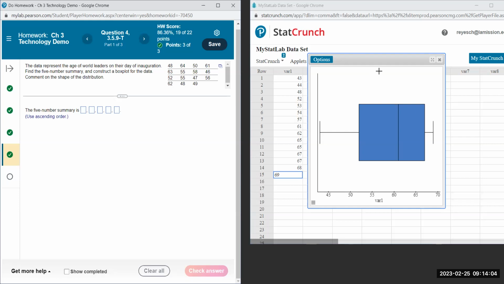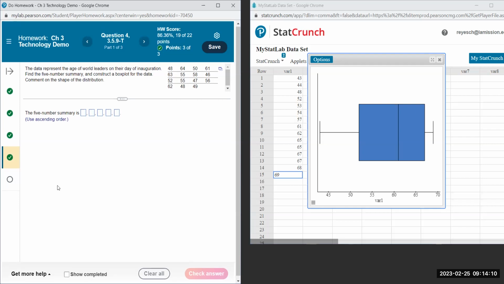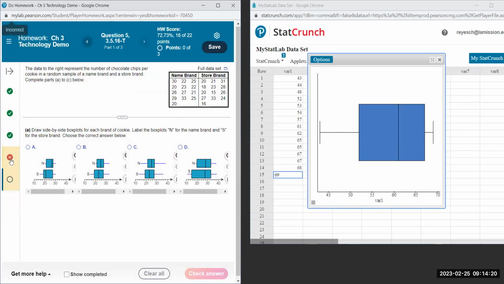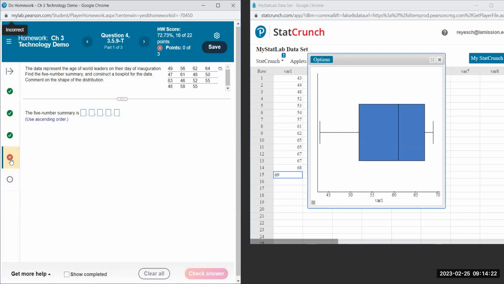Okay, so then, didn't I just do this one? Oh, it's incomplete. What did I do here? Let me see.